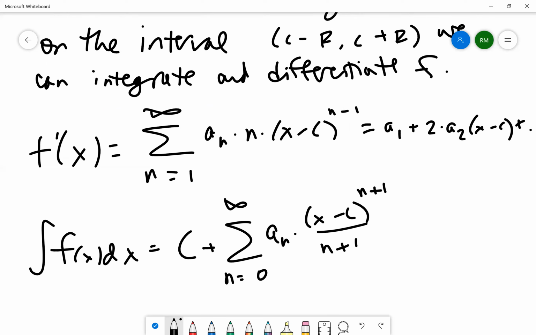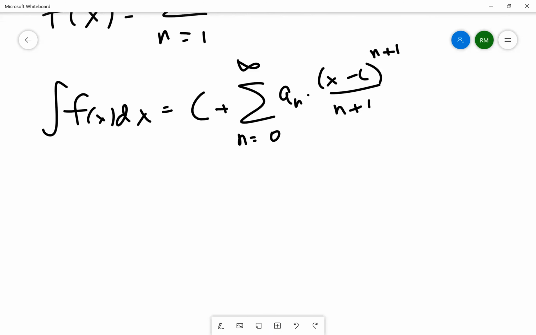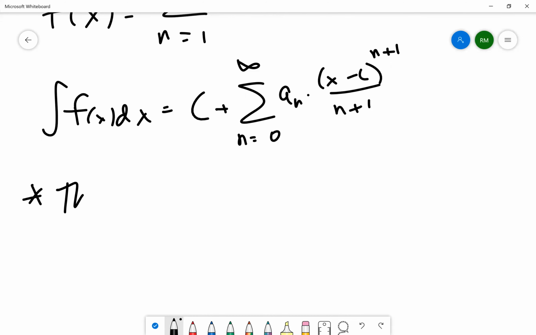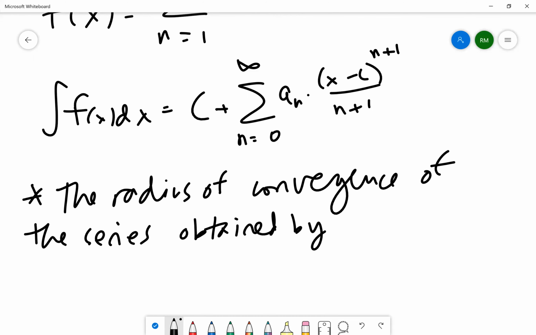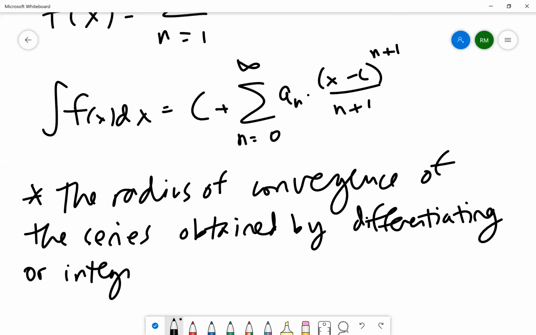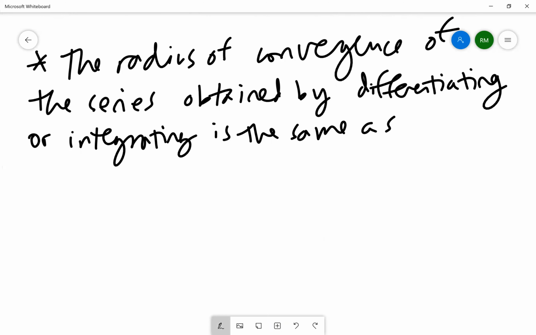All right. So what we notice is that the radius of convergence of the series obtained by differentiating or integrating is the same as the radius of convergence for the original series.